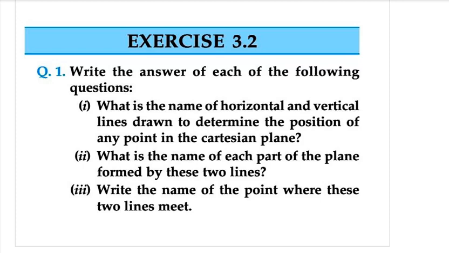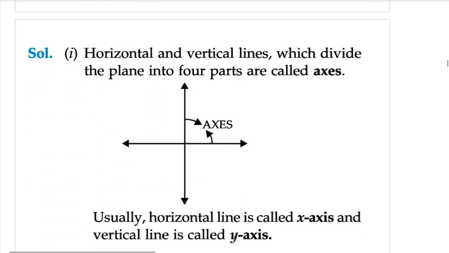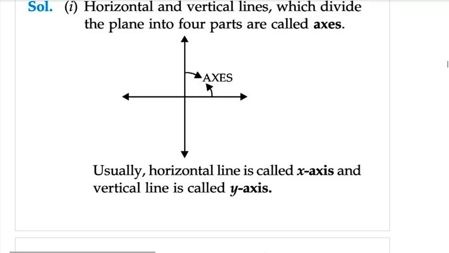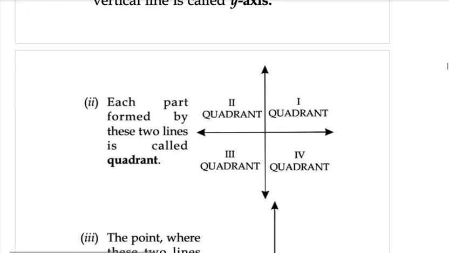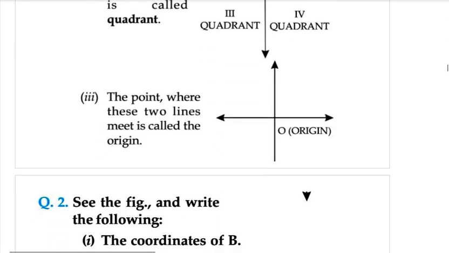Quadrant, right? Each part is known as quadrant. Write the name of the point where these two lines meet. These two lines meet at the point which is known as origin, right? Axes, A-X-E-S, plural, x-axis and y-axis are their names. Quadrants with numbers 1, 2, 3, 4 as I showed you, and origin is the point where they meet.